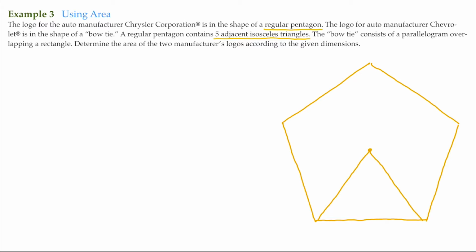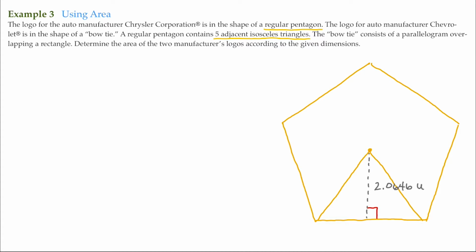Now the dimensions are given. One of the dimensions is the height of the triangle. Now the height is always a perpendicular height, so I'm going to put in a 90-degree angle here. And that height given is 2.0646 units.